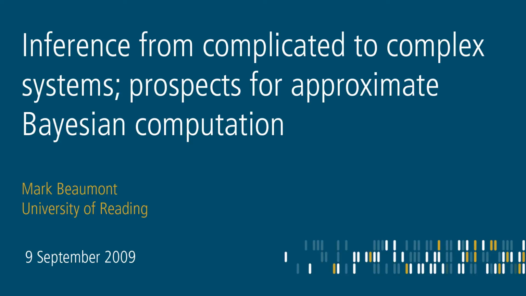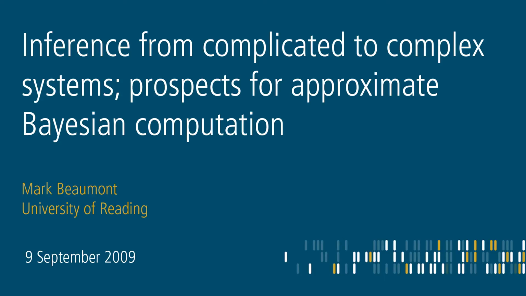And from then on, a series of papers developed looking at the problem from different points of view. And recently, there seems to have been quite a flourishing set of papers in statistical journals that are looking at these ABC problems.